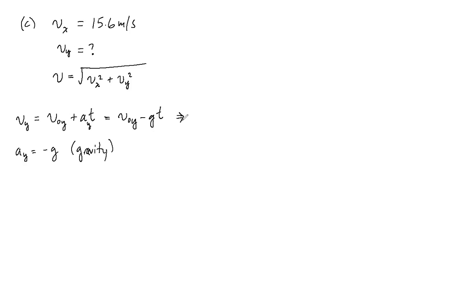So we get 19.3 meters per second, and we're going to subtract 9.80 meters per second squared. Oh, and actually up here there's something else I forgot to write down.